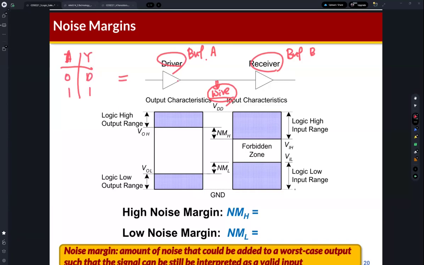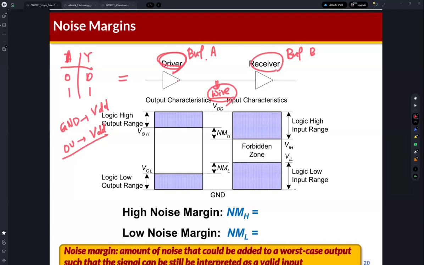So we can understand the behavior of a buffer digitally like this. But in the real world, this driver, the buffer, can generate voltage levels from ground to VDD, like 0 volt to VDD.